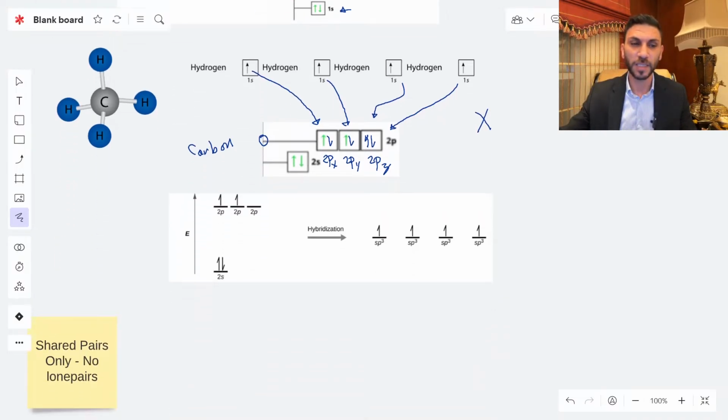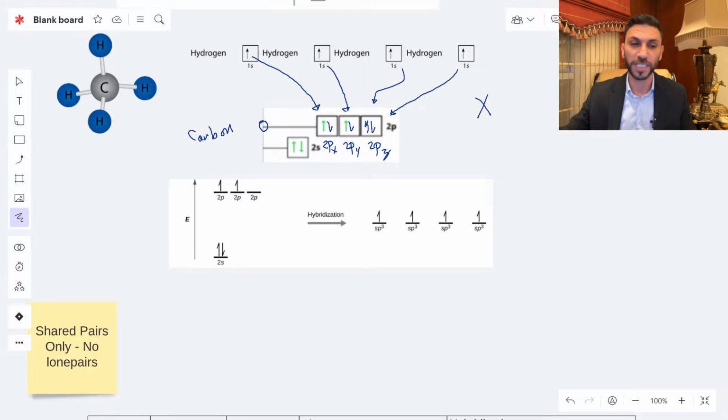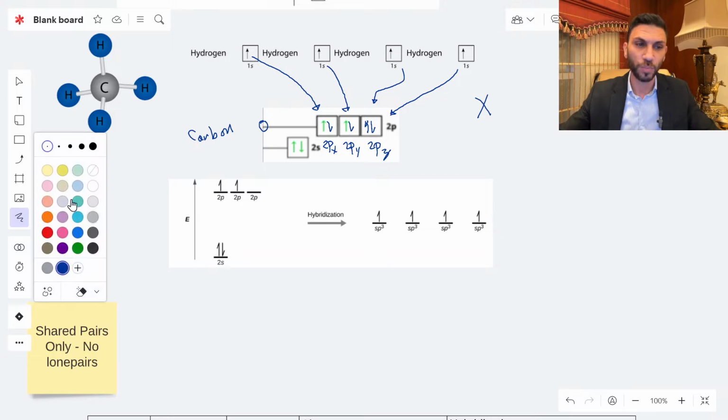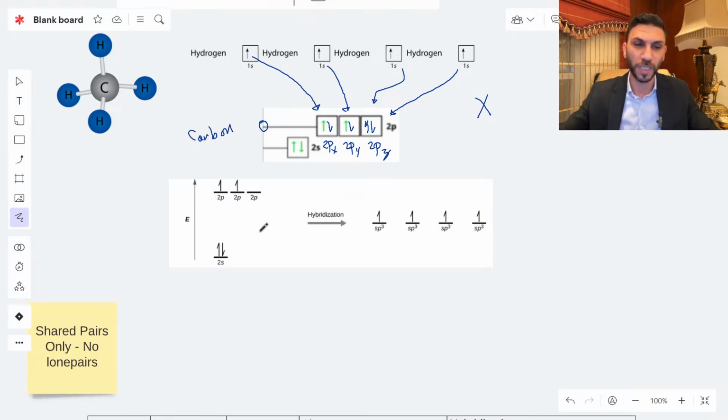What happened is, there is something called hybridization. 1 electron from 2s will promote to 2p, making 4 hybrid orbitals. If you check them, you will see that now you have 1 orbital, 2, 3, 4, and all those orbitals have the same energies, as you can see.